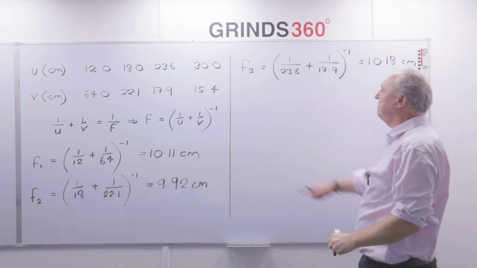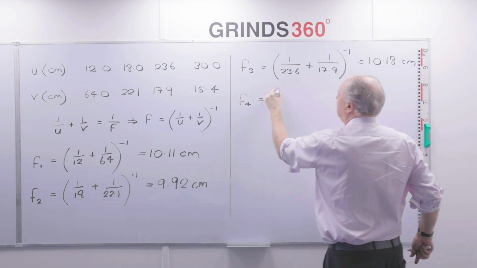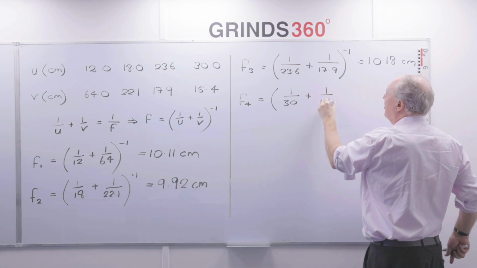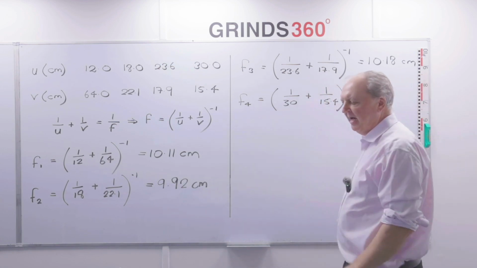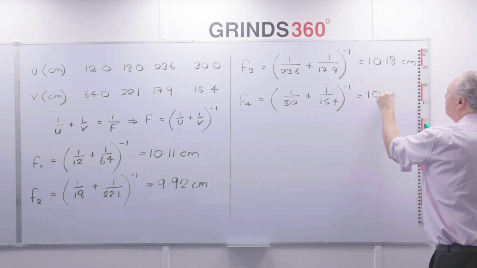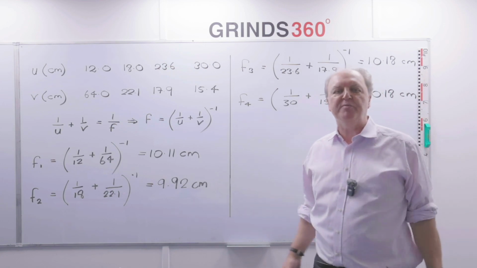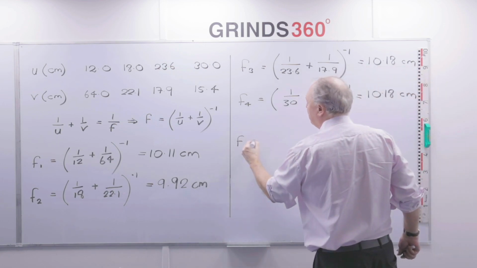Then to the final pair of values, f4. So f4 is 1 over 30 plus 1 over 15.4, to the power of minus 1. And I get an answer of 10.18 centimeters. You've got 4 values for f, and of course they should all be the same. So the obvious thing to do at that point is to get the average value of all the f's.